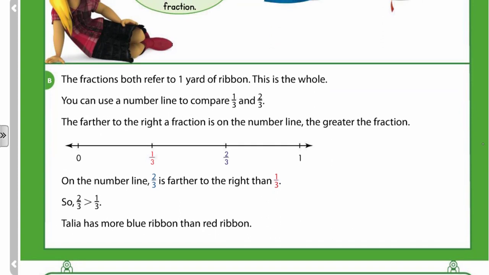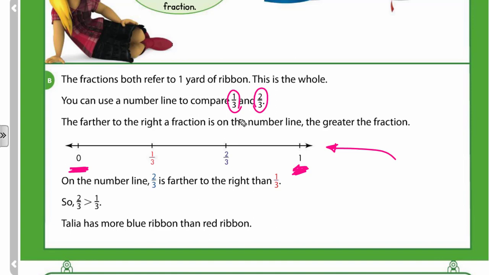Remember, what are we comparing? 2/3 and 1/3. To start, we use a number line like this. We have here 0 and 1. The 1 here is the whole. So the 1 represents the whole. And as you see here, for the fractions 1/3 and 2/3, the denominator is 3.